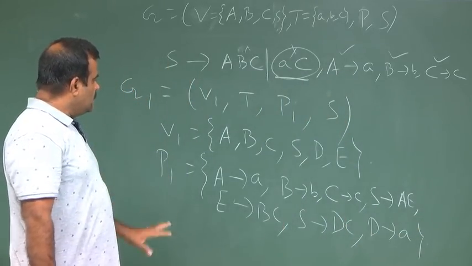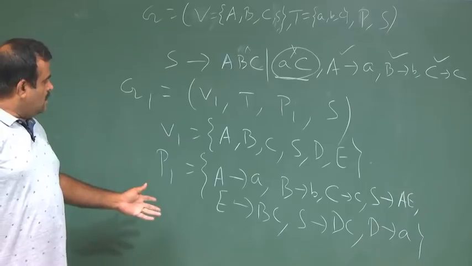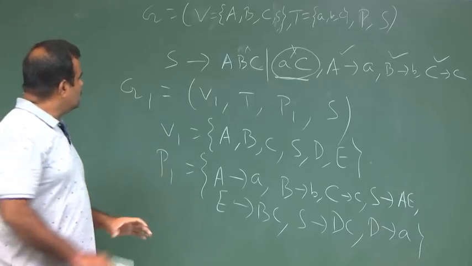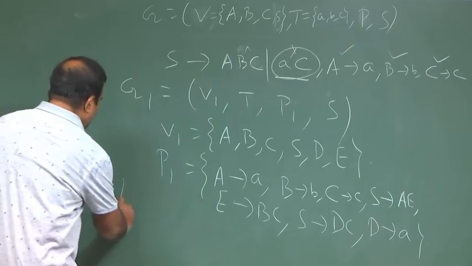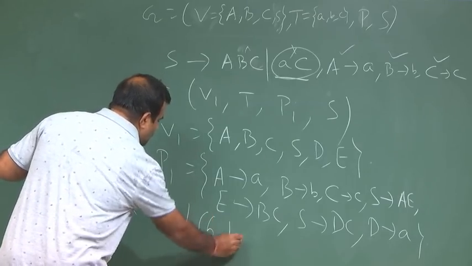That is all. So, this is the corresponding grammar, and we can see that the language generated by G will be same as the language generated by G1.